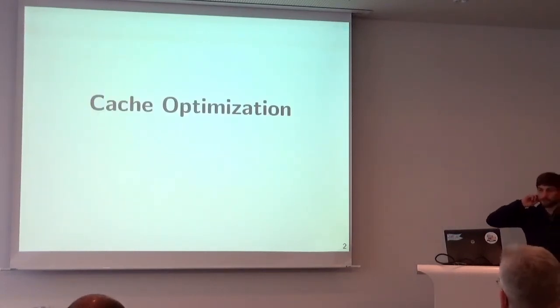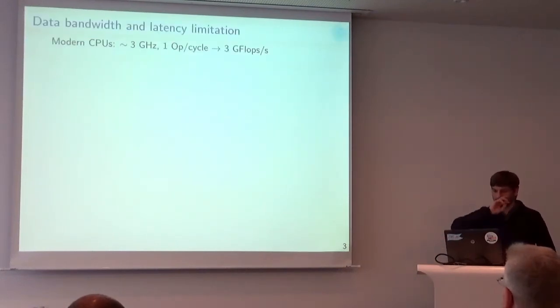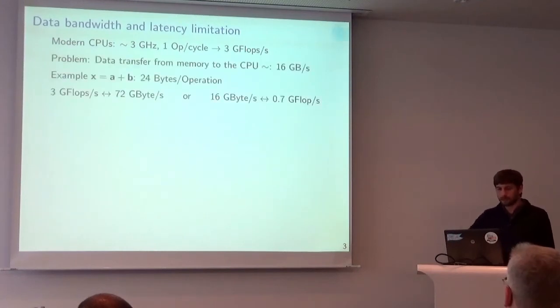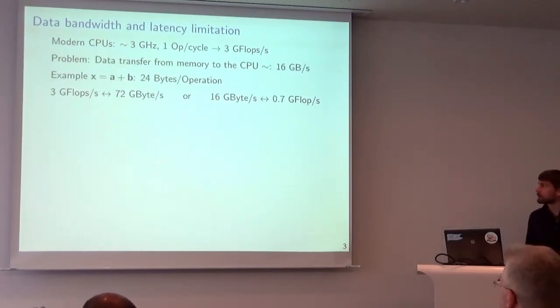Okay, so first part is about the cache optimizations. So the problem is, as I already mentioned, in current CPUs, you have a lot of flops. So you can get very easily, on a 3 gigahertz CPU, 1 operation per cycle. It's a reasonable assumption. You can get up to 3 gigaflops. But you also have to get the data into your CPU, and that's where the problem starts.